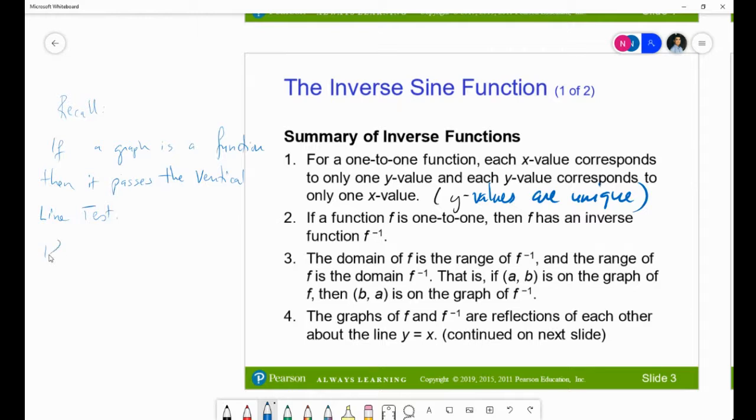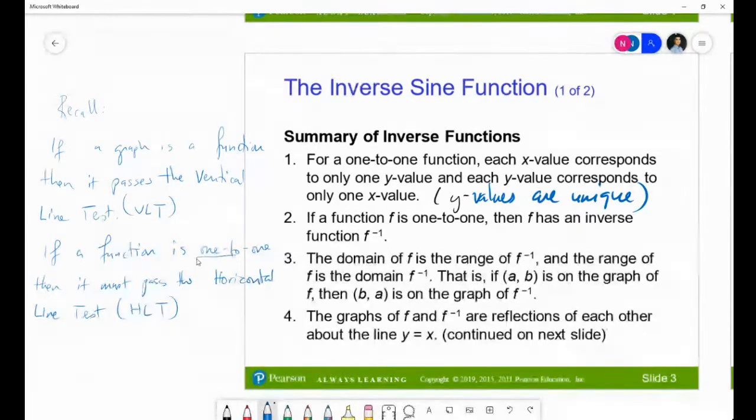So if a function is 1-to-1, then it must pass the horizontal line test, or HLT for short, and VLT. Now remember that 1-to-1 is a property of a function, so therefore you have to test the vertical line test first before you pass the horizontal line test.